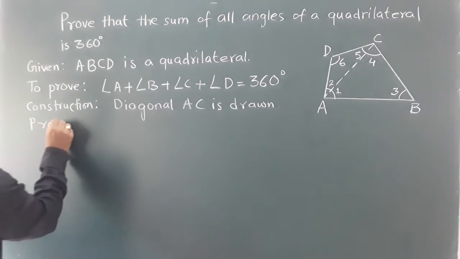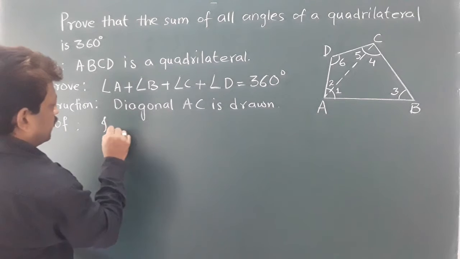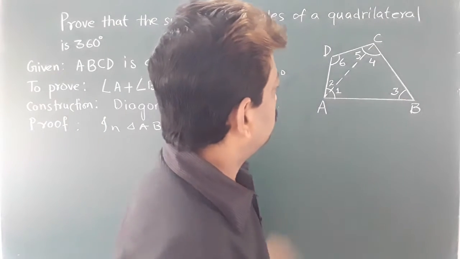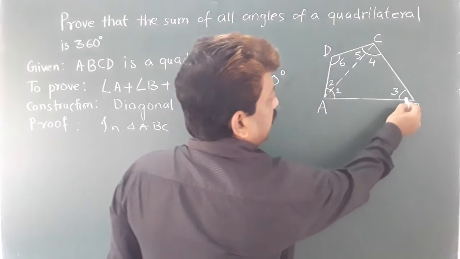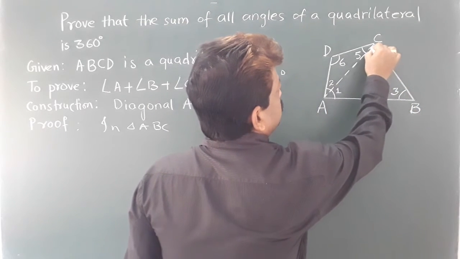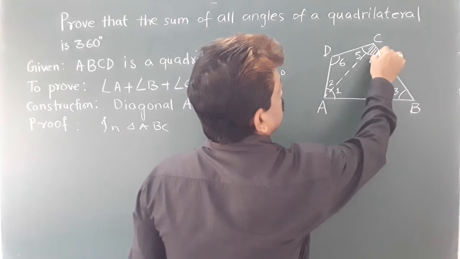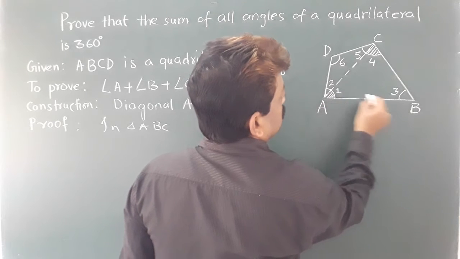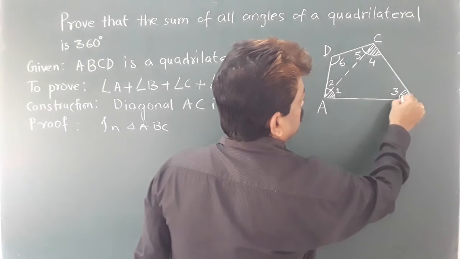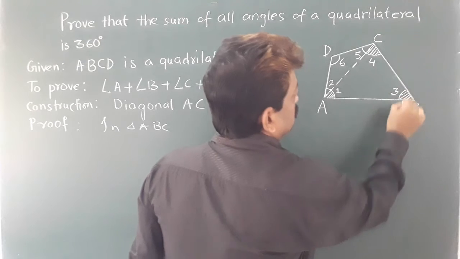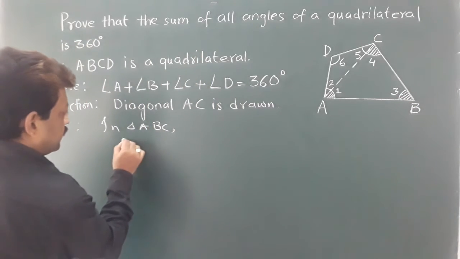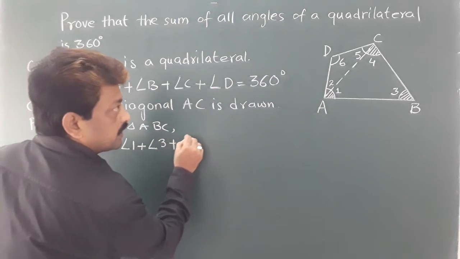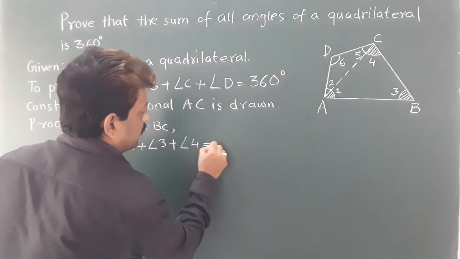Proof. In triangle ABC, there are 3 angles, angle 1, angle 3 and angle 4. So we can write angle 1 plus angle 3 plus angle 4 is equal to 180 degree.